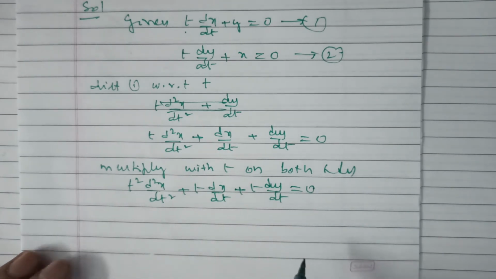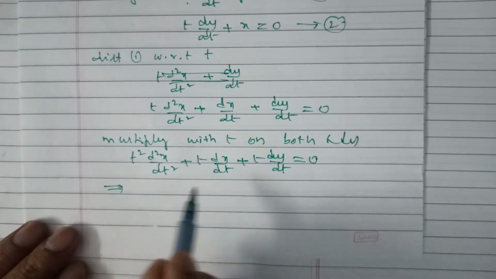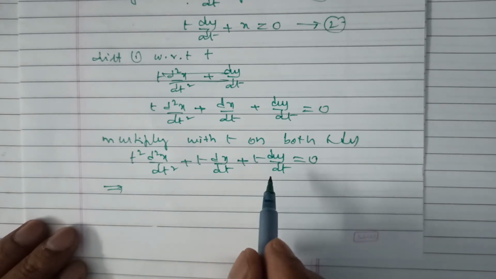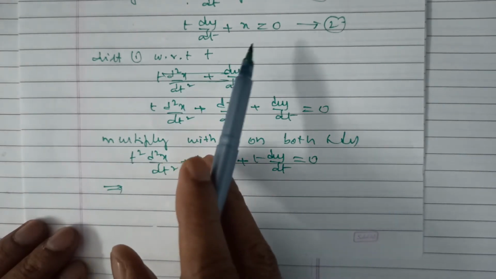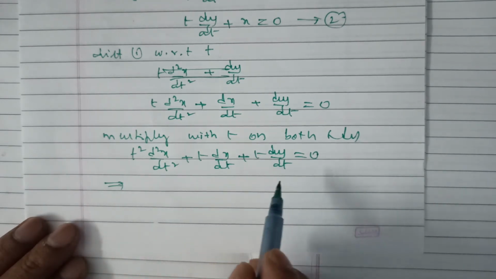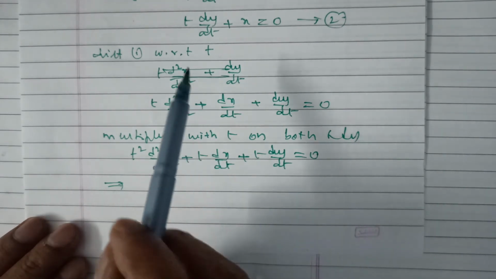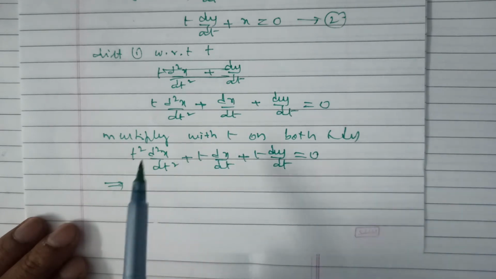Next, the total equation can be taken into one only. I can substitute the t dy/dt value as minus x from equation 2.